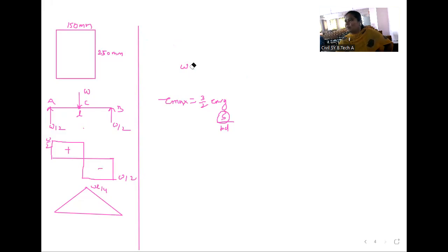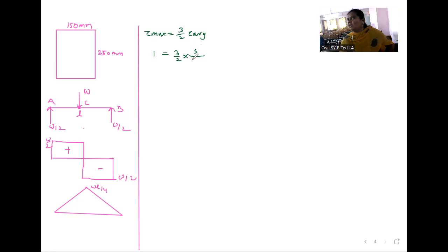So first we will apply the shear stress equation. Shear stress tau max is equal to 3 by 2 tau average. Okay. So tau max given is 1, which equals 3 by 2 into tau average, that is S divided by BD. I will write it here so your confusion will not be there.